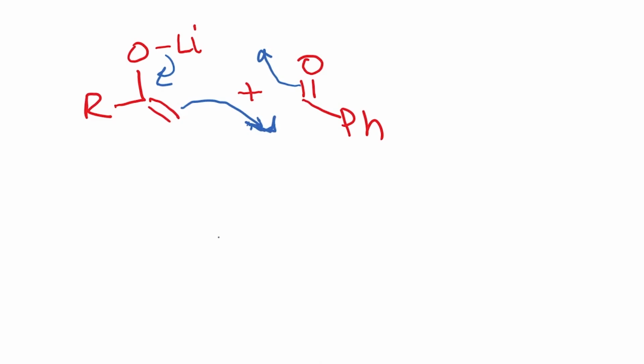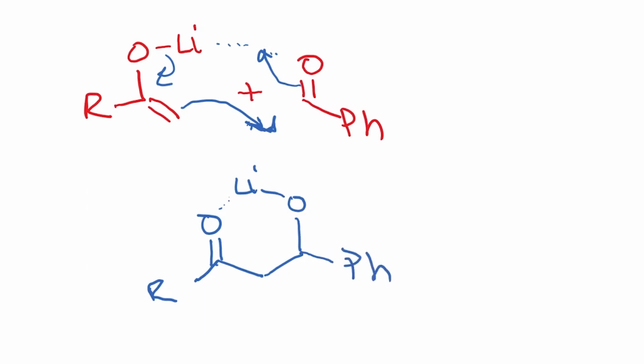It's a 6-membered reaction transition state, and you end up with C double bond O, and you can imagine that this lithium is coordinating to this carbonyl, and you get R, the new bond that is being formed, O Li. Now there's an actual bond between oxygen and lithium, and then there's going to be a coordinated bond here.